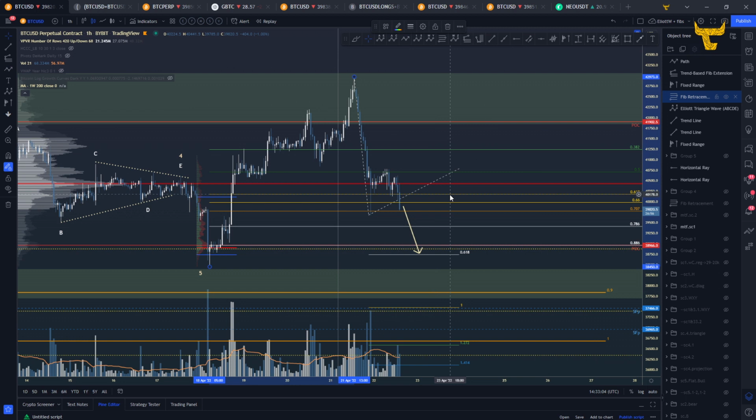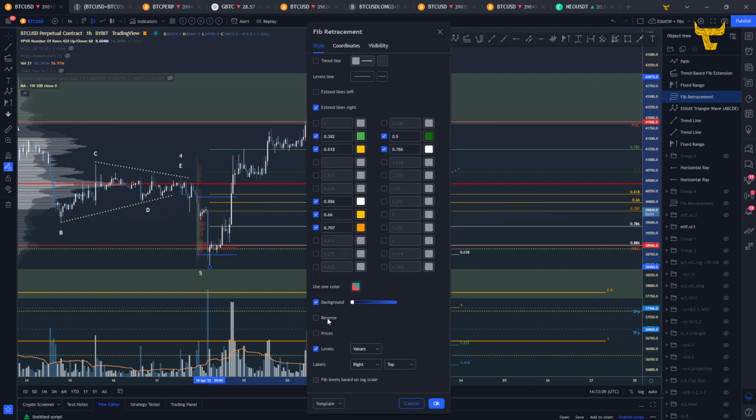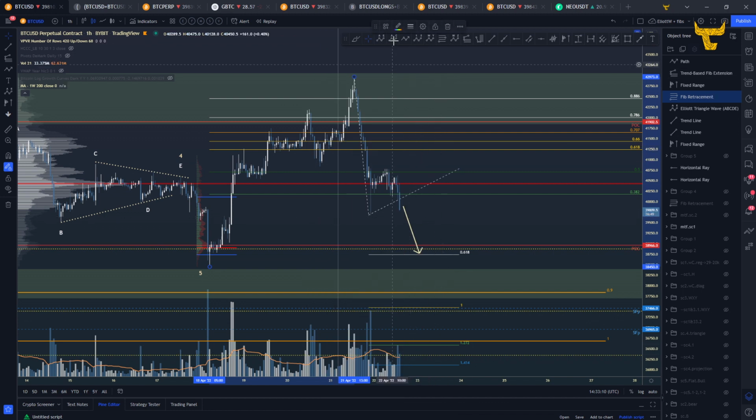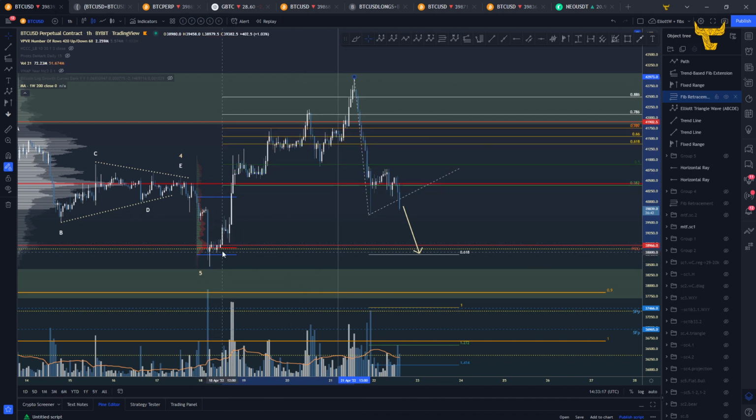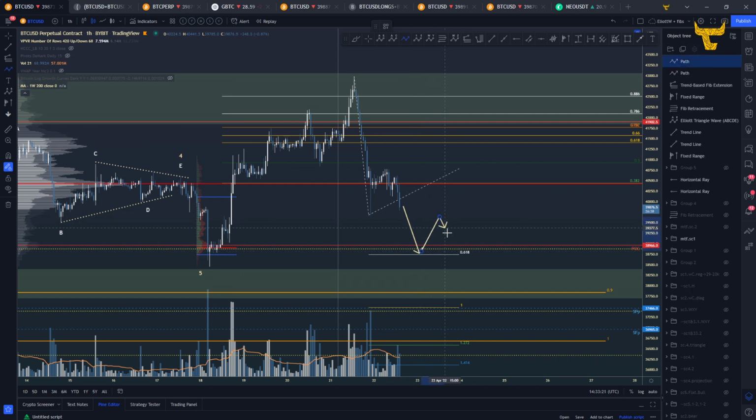If we reverse, let's say we stop here. Then we have a confluence of POC plus 382, knowing that potentially we could be seeing a larger move as an ABC, for example.